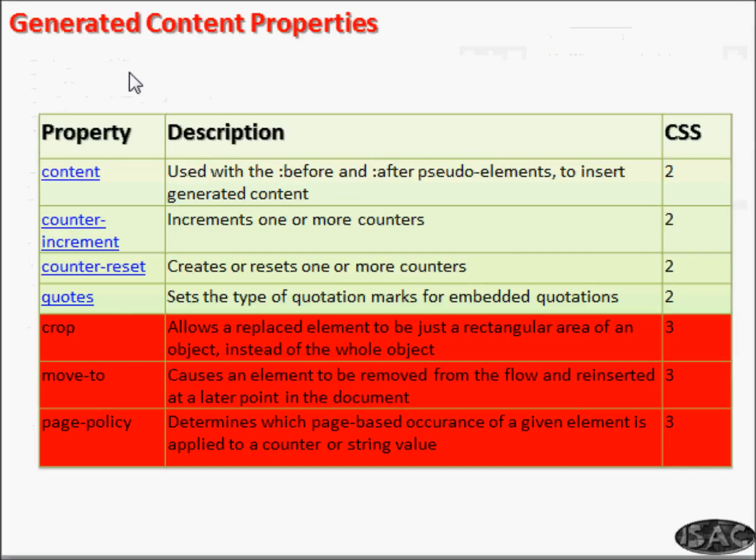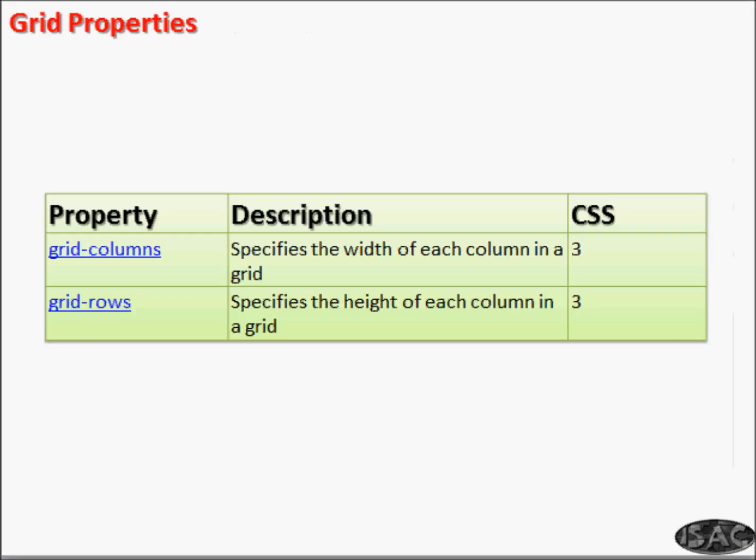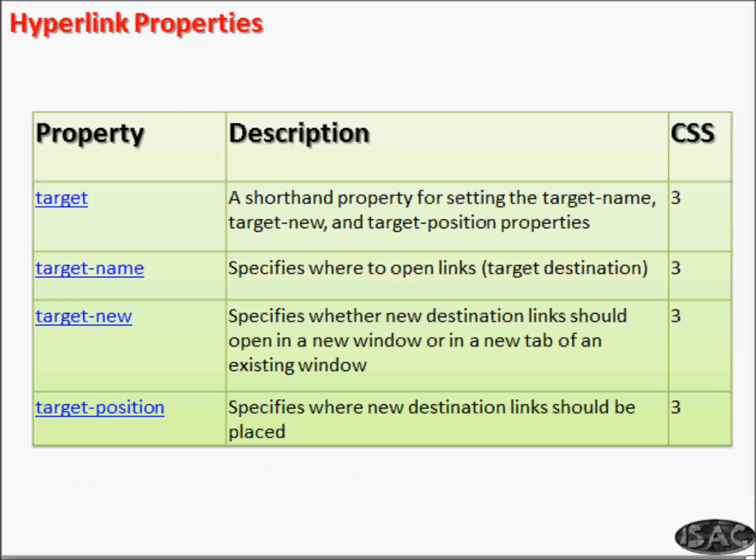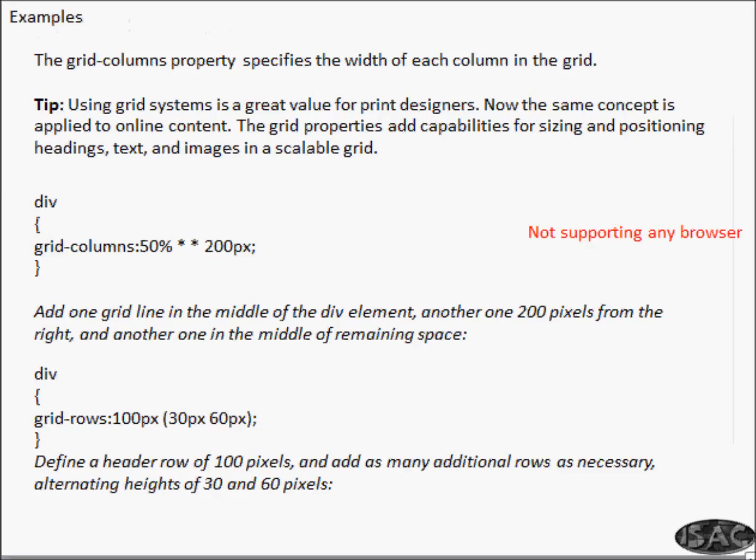Now there are some other properties related to generated content, but these are not yet implemented by any of the browsers, so I cannot explain them here. The grid properties, grid column and grid rows, again do not have much implementation.